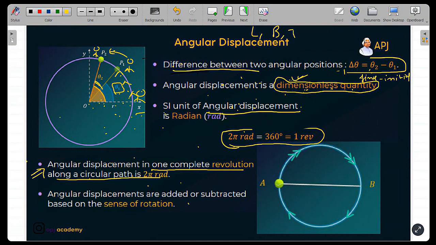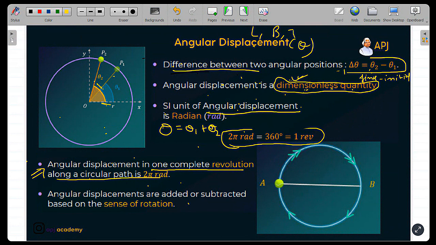You could say that the total angular displacement, first of all, angular displacement is denoted by theta. So in that case, you would be able to say that theta is equal to θ1 plus θ2. Total displacement is equal to θ1 plus θ2, in the case when θ2 was not given from the horizontal axis, and was just given between the point P1 to P2.